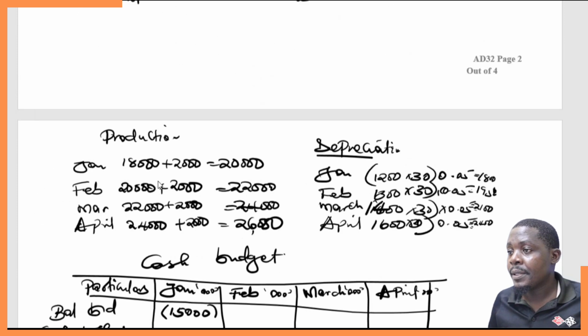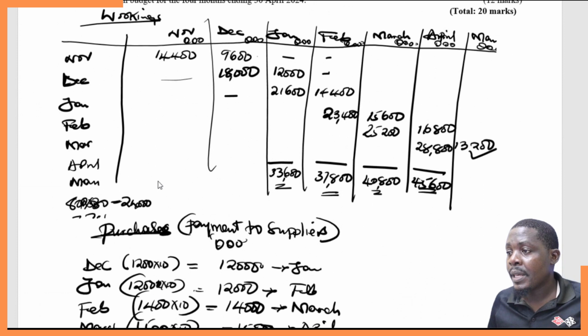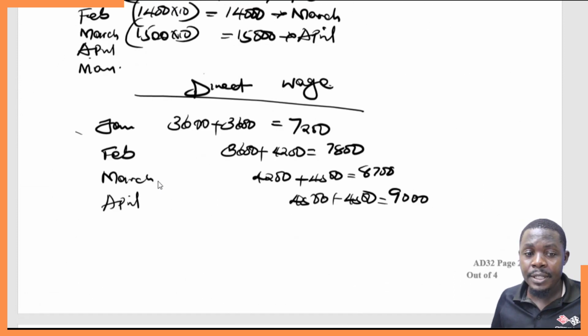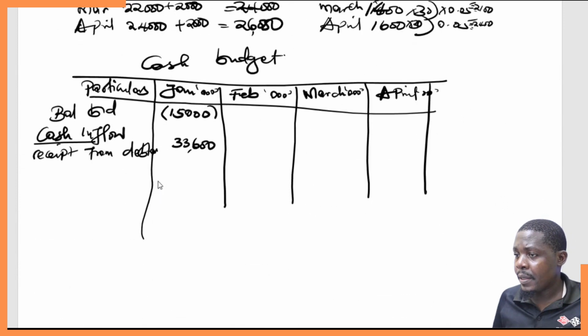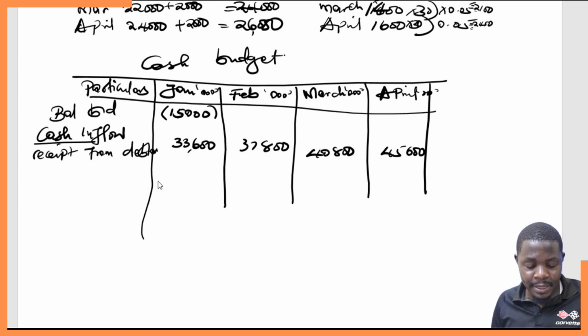Then February we had 37,800. Then March we had 40,800. Then April we had 45,600. Correct? Any other things that were inflow?